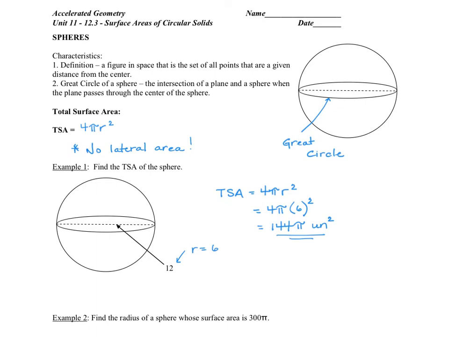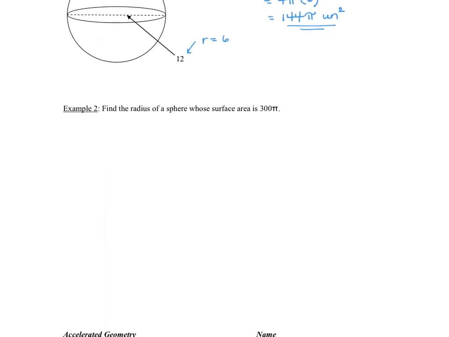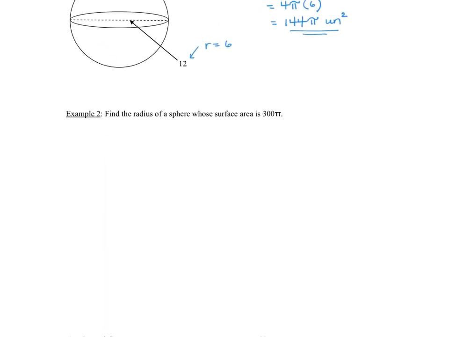To go through one more quick example here, we want to find the radius of a sphere whose surface area is 300 pi. So again, we'll just start with our formula. Total surface area is equal to 4 pi r squared.